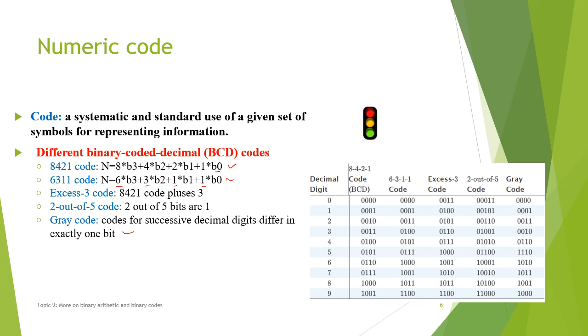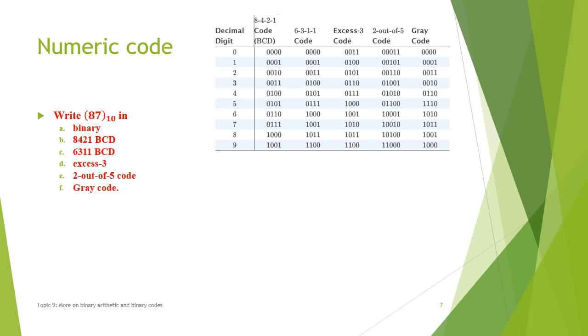Okay. So now let's try to write the numeric code with different coding systems and see what the difference is. But first, let's try to write it in binary number.